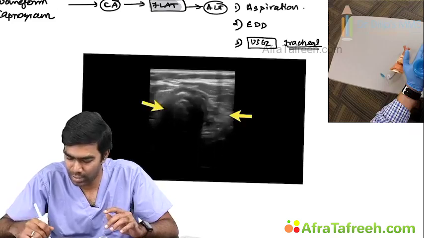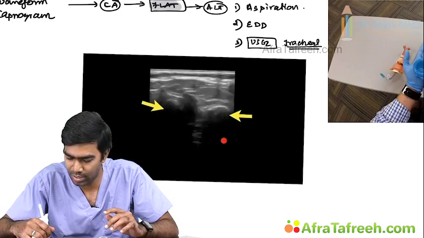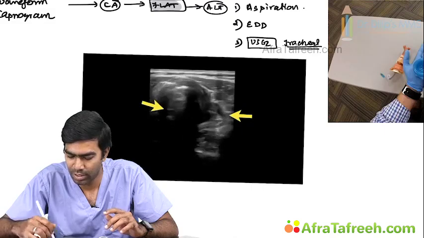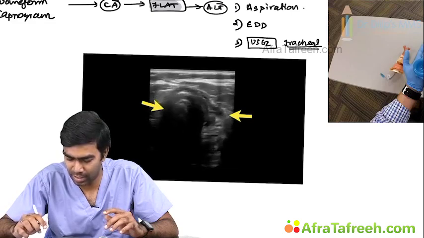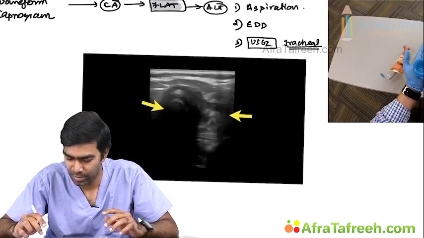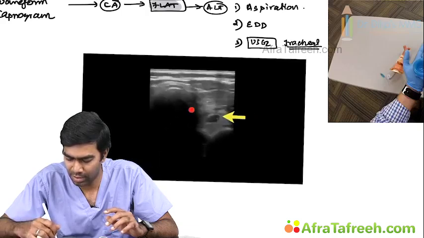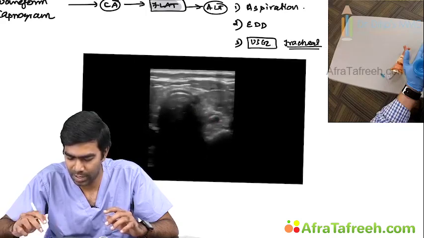So one more time, this is the esophagus and this is the trachea, and once the esophageal intubation happens, now the esophagus also looks similar to that of the trachea, isn't it? Now if you are doing a tracheal intubation, you can see only the trachea will expand and the esophagus will not expand at all.